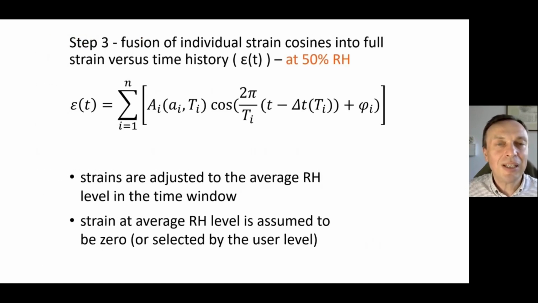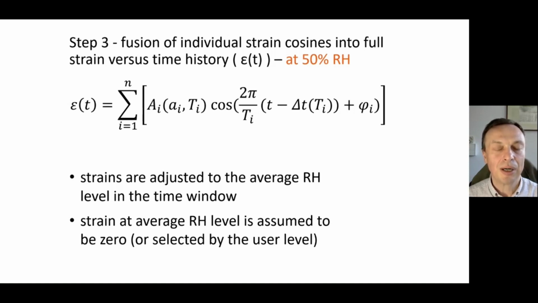So when we have this database and the decomposed relative humidity variation, then we can fuse the individual strain cosines into a full strain versus time history at 50% of relative humidity.